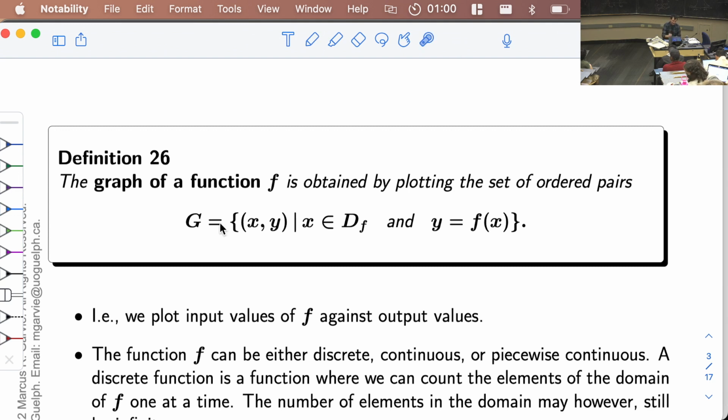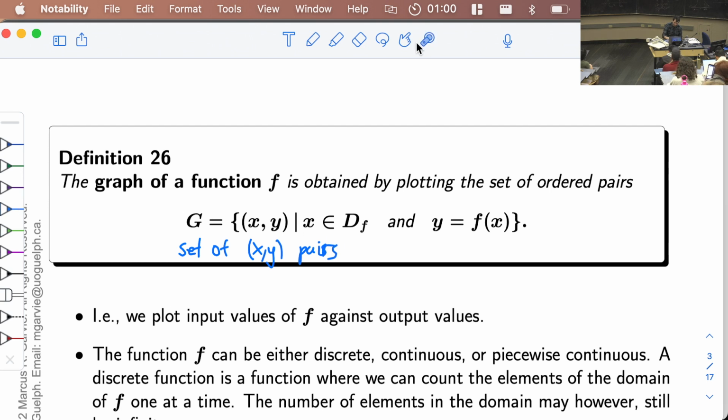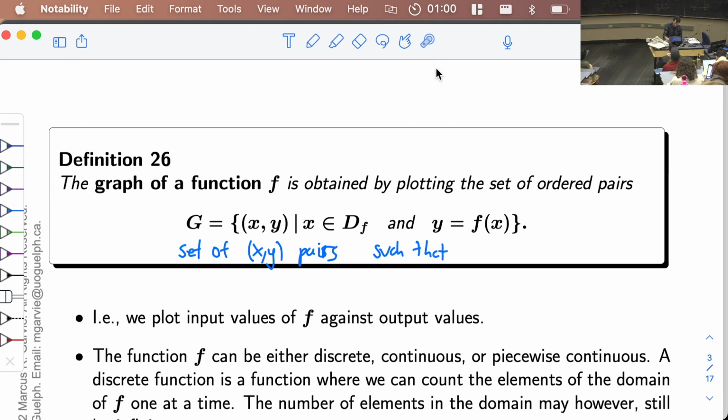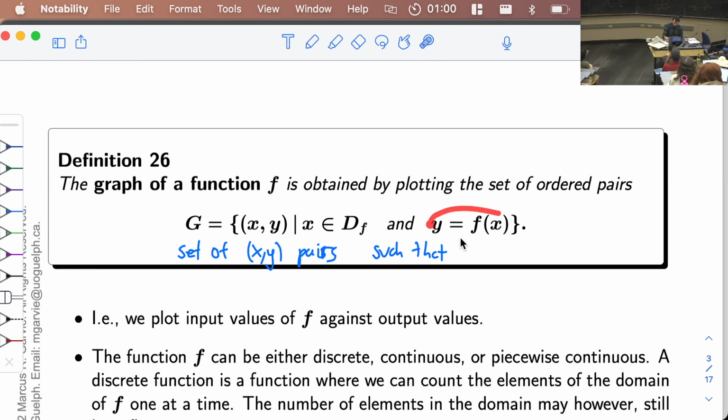So the graph of a function is the set of ordered pairs, right? A graph of a function is a bunch of dots on the Cartesian plane. What is it? It's the set of all xy pairs, such that x has to be in the domain of f, x is one of the allowed inputs, and y is exactly f of x.